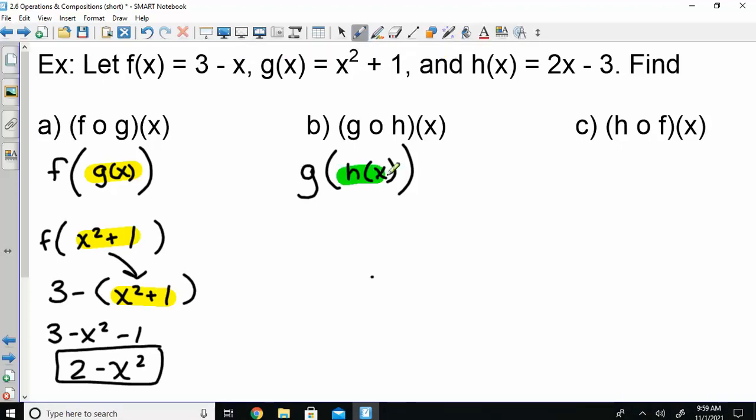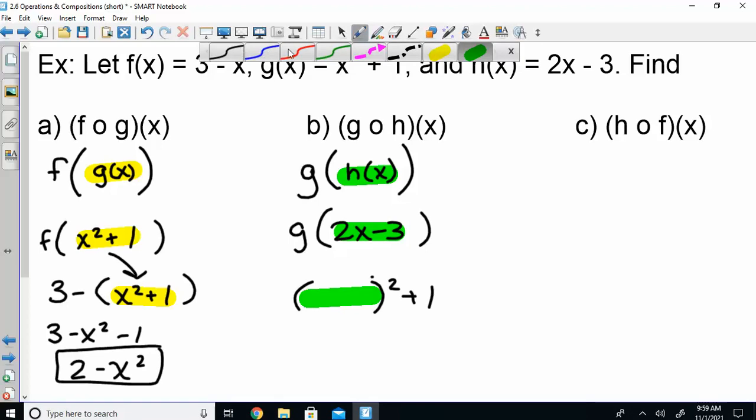So you start on the inside. What is h? So now I have to plug that into g. So g is whatever you plug in squared plus 1. So the thing I'm plugging in is the 2x minus 3.